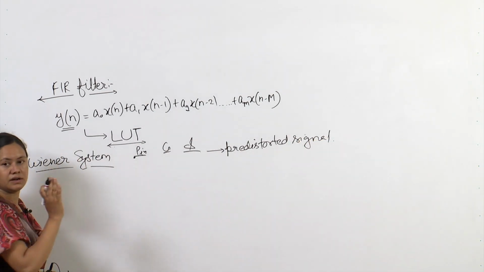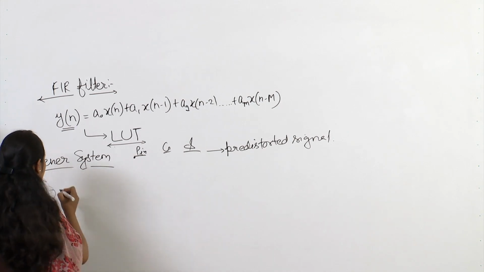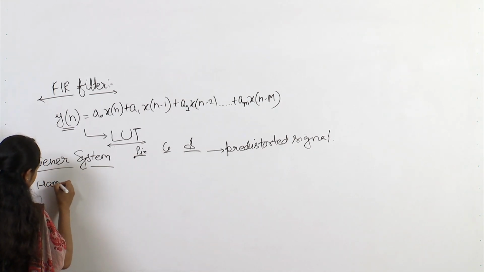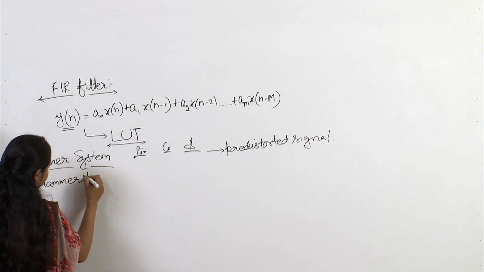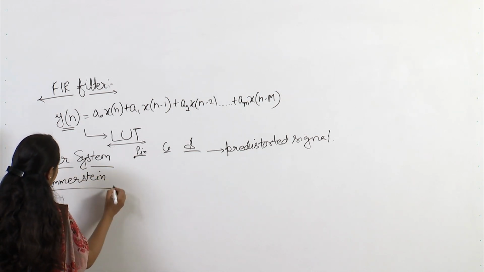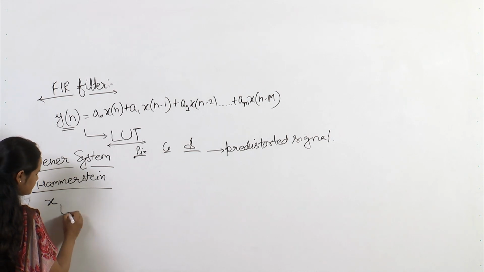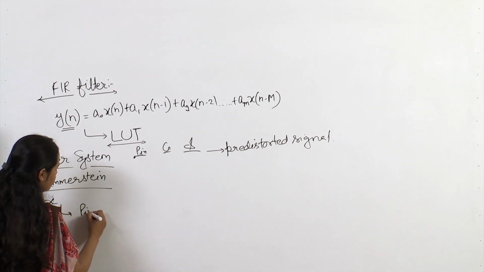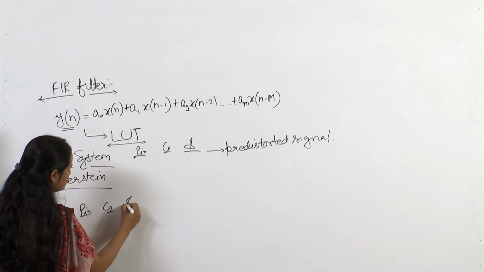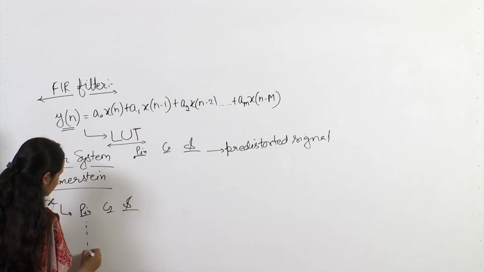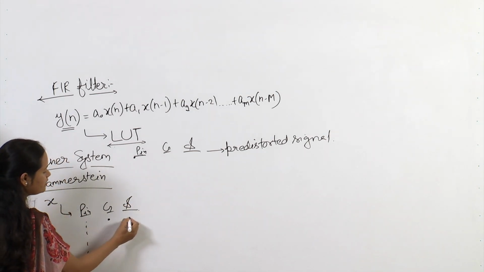In Hammerstein system, first of all, you will have your LUT. So, with respect to input x, you can read your value of gain and phase. According to x[n], you can read your gain and phase value.